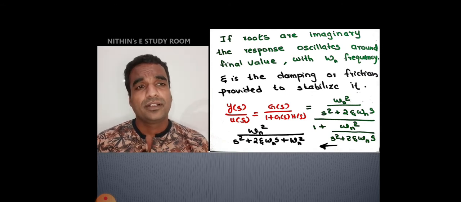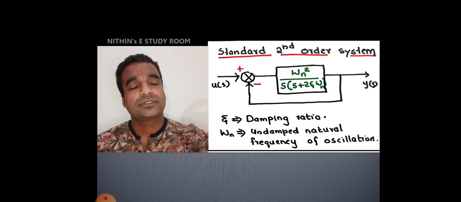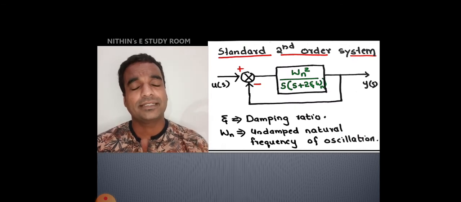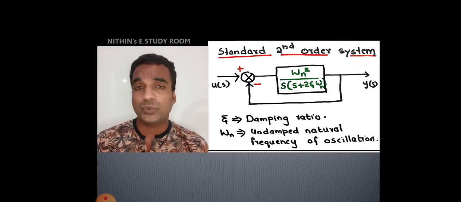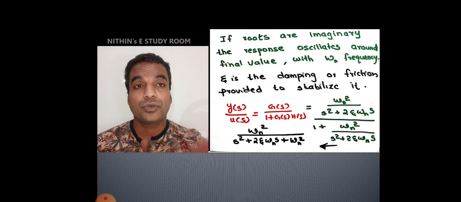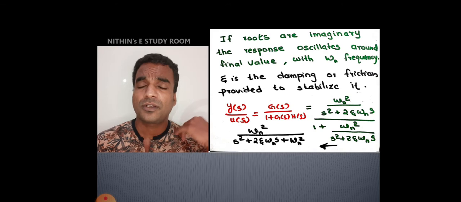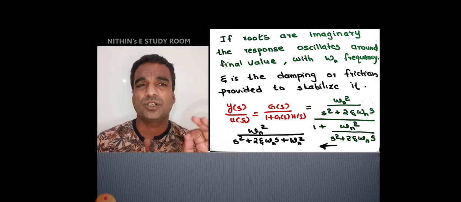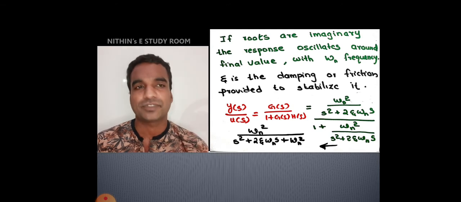Now, what was the G of s? Omega n squared by s into s plus 2 eta omega n was the G of s. Now we are going to find C of s by R of s, or output by input, or Y of s by U of s. That is nothing but G of s by 1 plus G of s H of s.